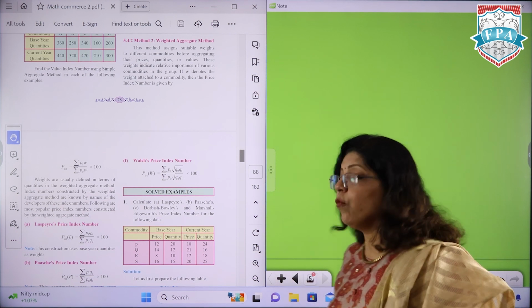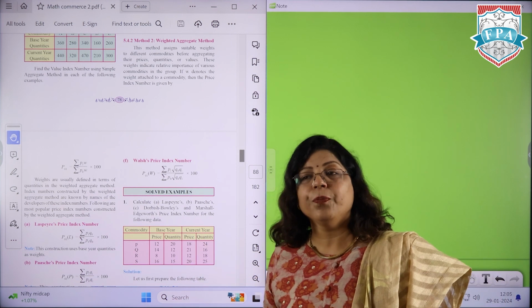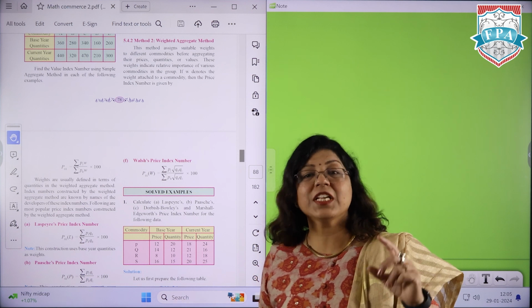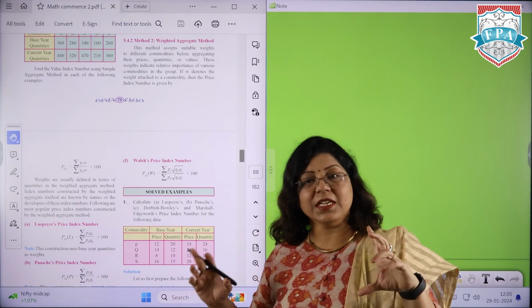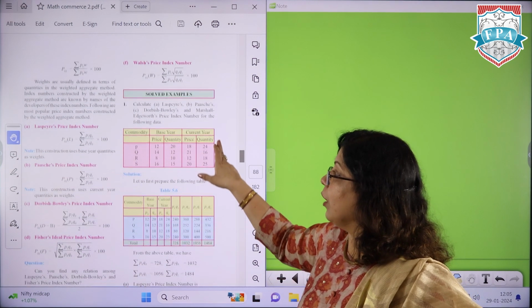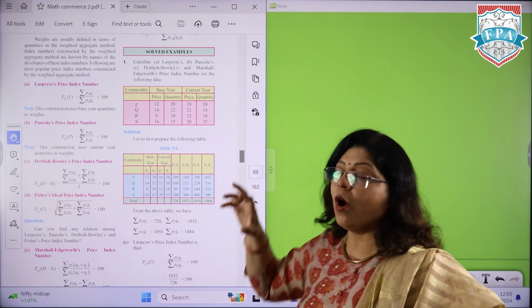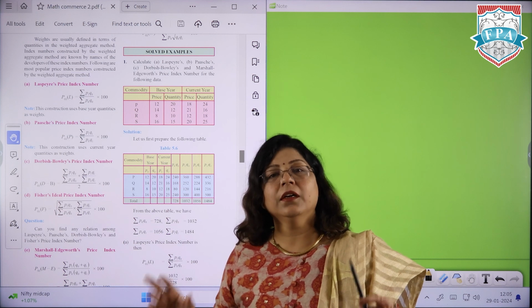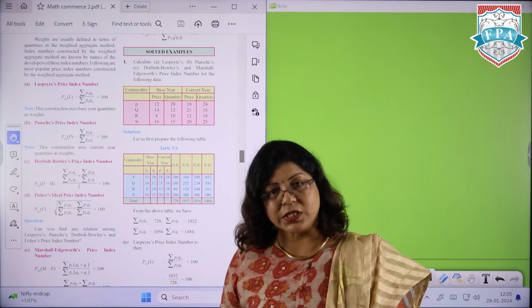But we have got certain statisticians who have given fixed formulae, and आपके exams में ये सबसे ज़्यादा इस form में ही आता है. When they'll be asking you the formula given by a particular statistician and you have to use that.